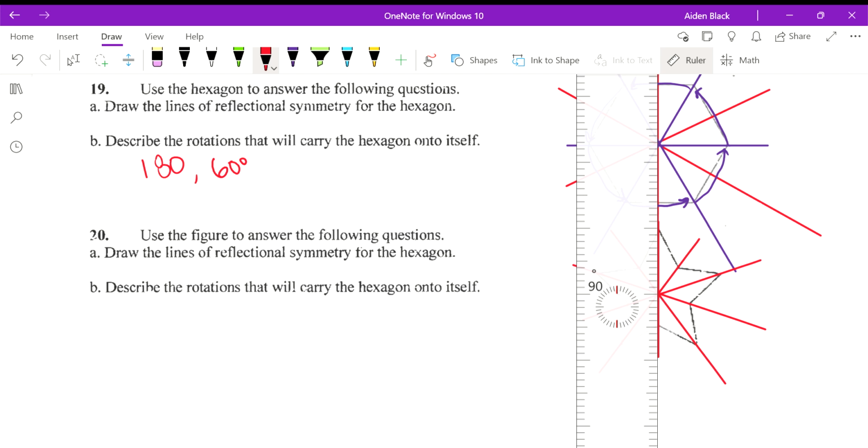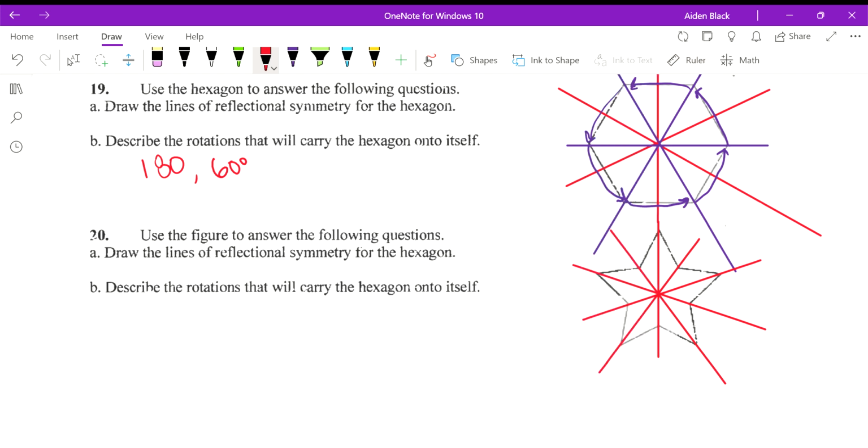Okay. And so the rotations that will carry it onto itself would be, looks like we can go, if we took this point and went to this point, that would work. And that is 1/3 of 180, which is 60.